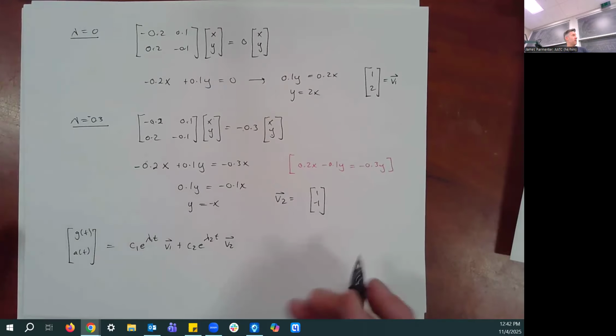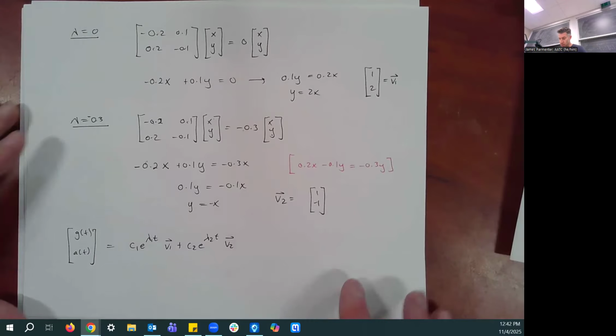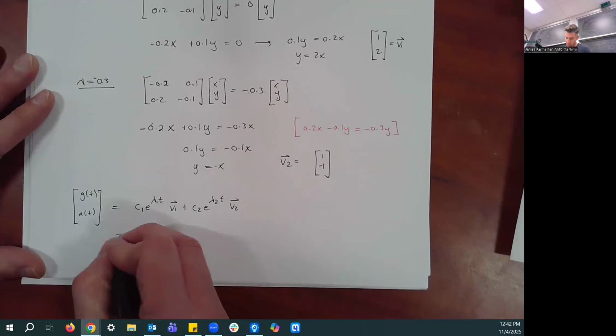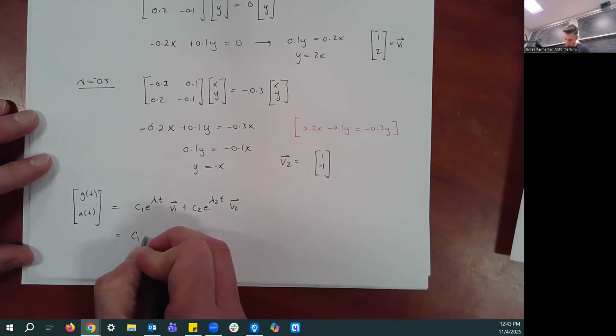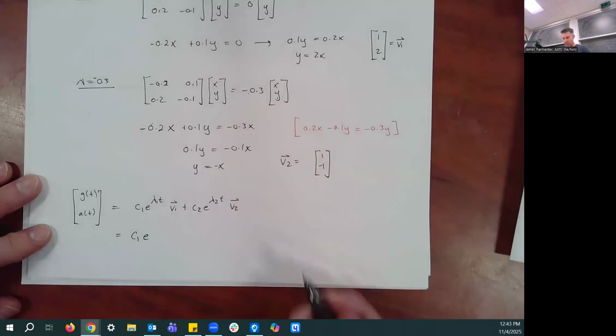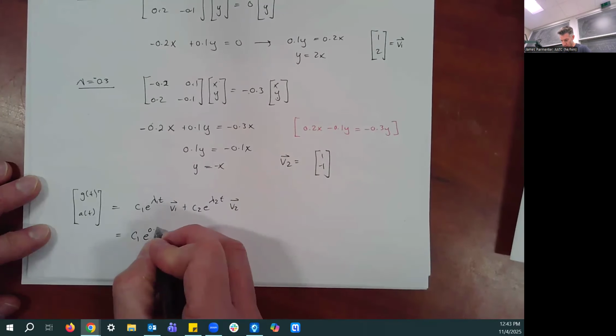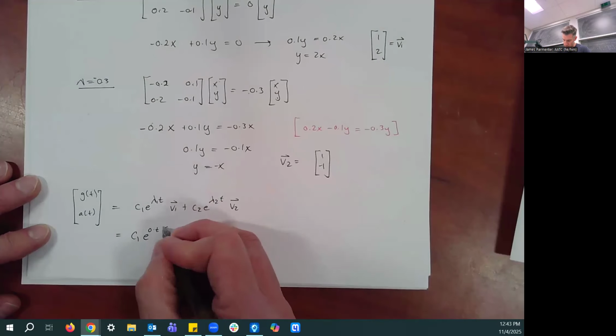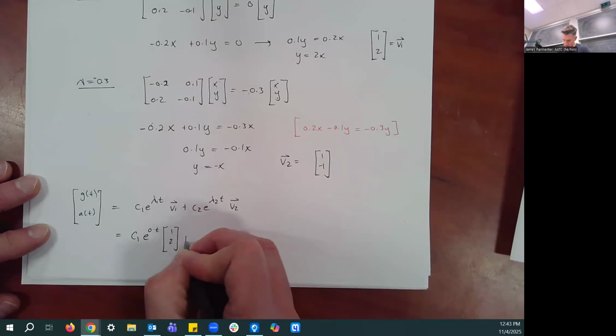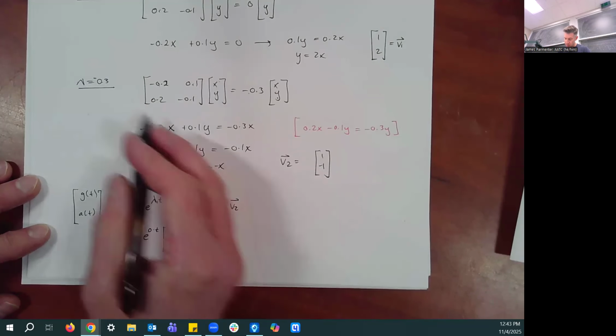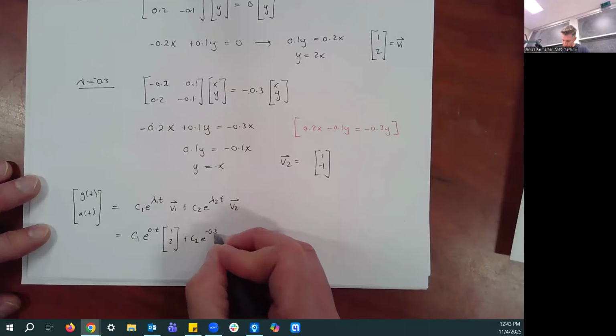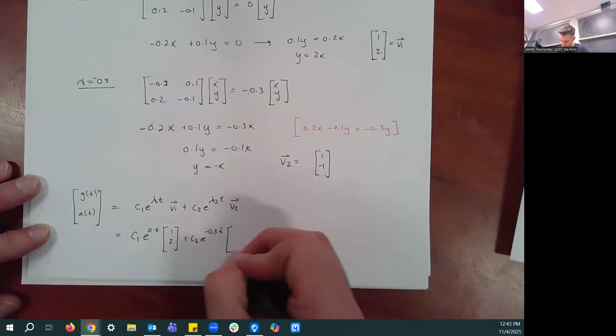And then literally just substituting in the lambda 1, the V1, the lambda 2, and the V2. So this is going to be equal to C1 e to the lambda 1, which I said was 0. I shouldn't even be writing 0, but okay. And then times V1, which is 1, 2, plus C2 e to the lambda 2, which is negative 0.3, times t times V2, which is 1, negative 1.